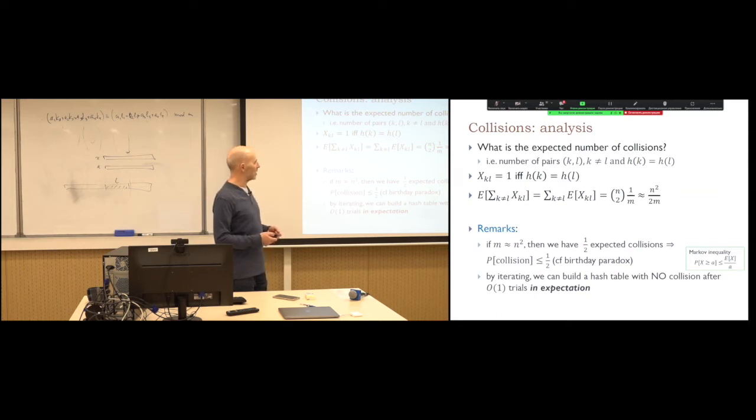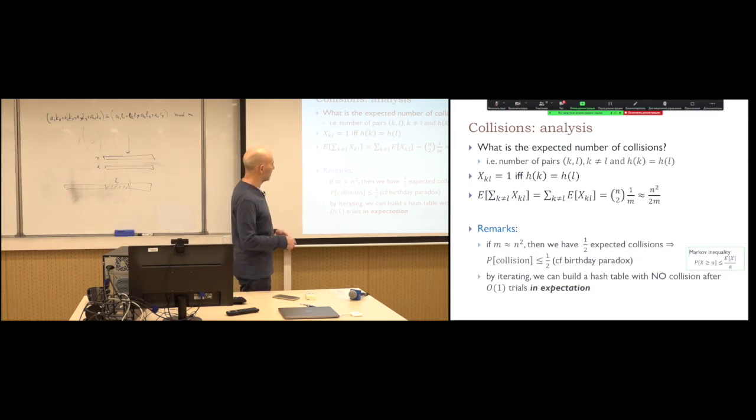And this is how probabilistic algorithms often work. Because if we have a constant probability of something bad, then we can always, by iterating, get rid of this, in a constant number of rounds in expectation.